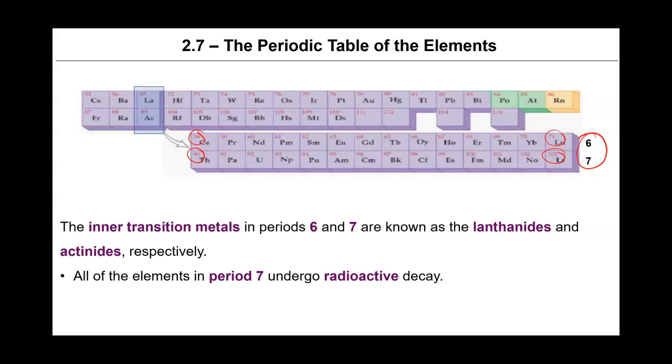The elements that come immediately after lanthanum, they are referred to as the lanthanides. And the ones that come immediately after actinium, they are referred to as the actinides. And just a little piece of fun information, all of the elements that are in period 7 are radioactive. So you probably recognize elements like uranium and plutonium.